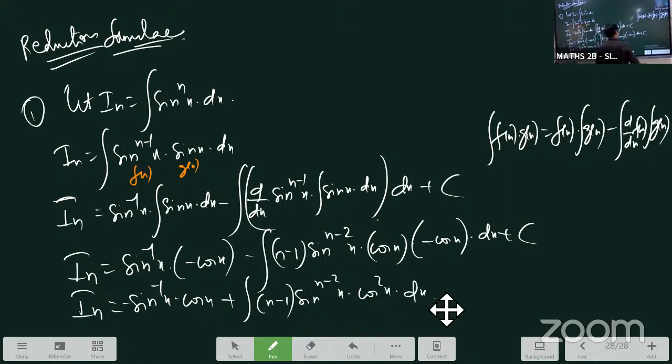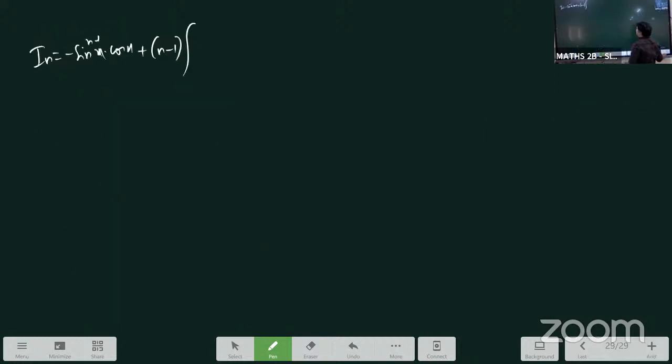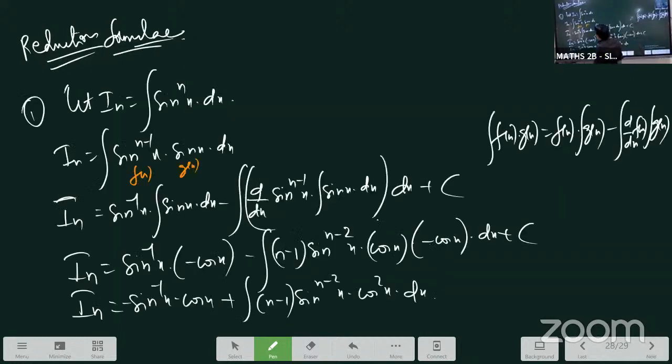Okay. Now In is equal to minus sin to the power n minus 1 x into cos x plus n minus 1 into, correct only, no? Sorry, this is sin to the power n minus 1 only.